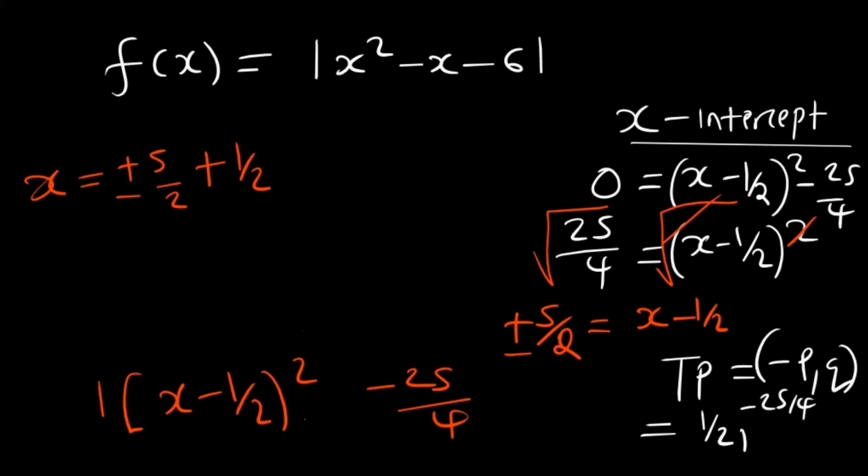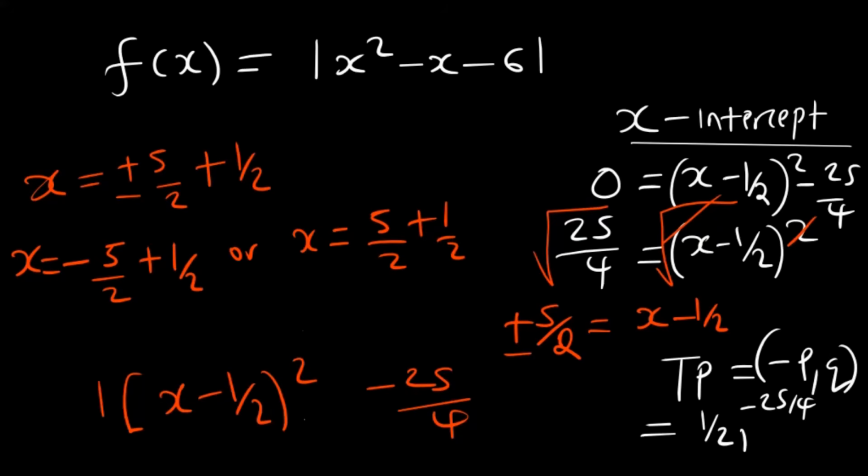So let's start with x is equal to minus 5 over 2 plus half, or x is equals to positive 5 over 2 plus 1 over 2. Okay, allow me to rub this.